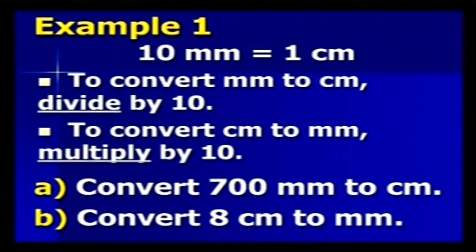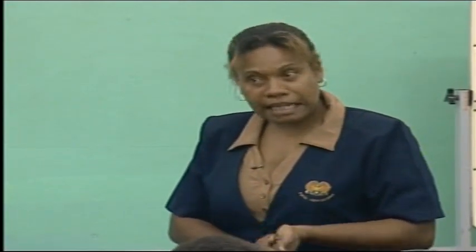They said 700 divided by 10. Are they correct? Millimeters to centimeters, 10 millimeters is equal to 1 centimeter. They're converting the smaller unit to a bigger unit, so they divide by 10. 700 divided by 10 is 70 centimeters.